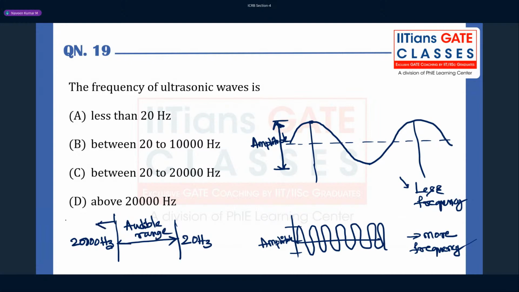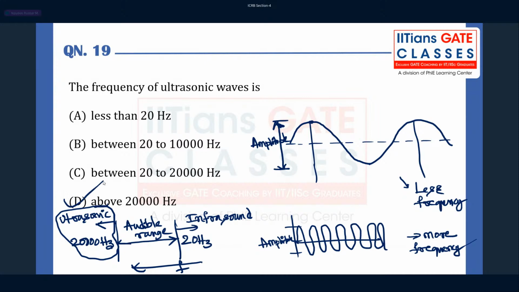Here it's called ultrasound, where you cannot hear, ultrasonic or ultrasound, and here it is infrasonic or infrasound. The frequency is increasing in this direction. Right? So hence ultrasonic waves are above 20,000 hertz, so above 20,000 hertz is the answer. That's it, right? Infrasonic. Okay, I wrote sound. Sound also they'll write infrasonic. You can say if you want.